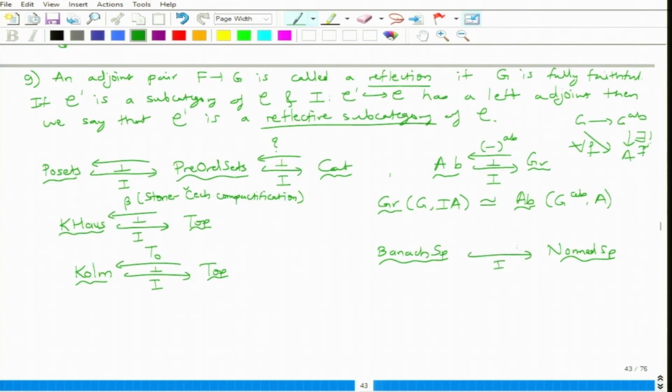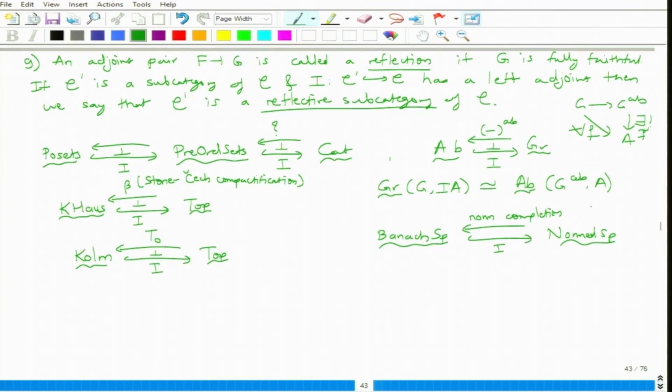Then this is also an inclusion functor, and what can you associate to it? Completion, correct. So by this analogy, norm completion is also some kind of quotient. You construct something big and then quotient. There are so many examples coming from different areas. They are all reflective subcategories.